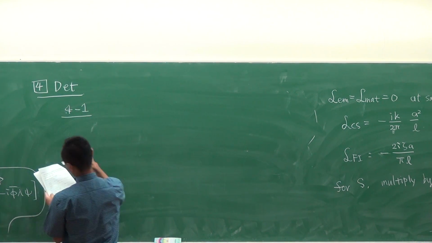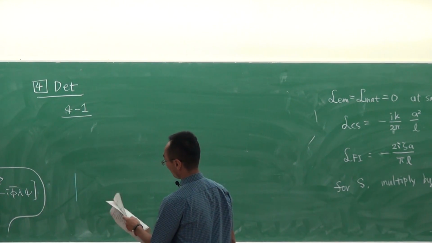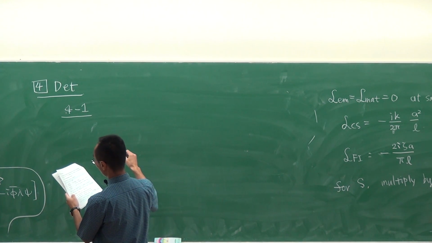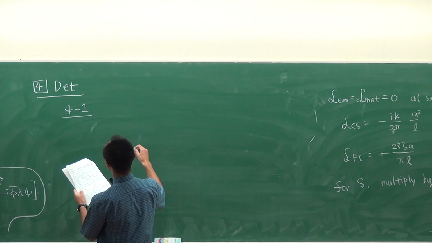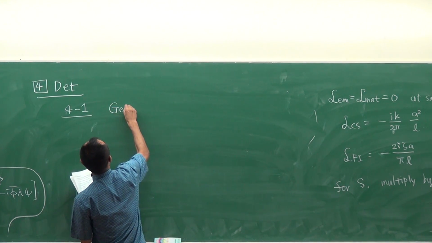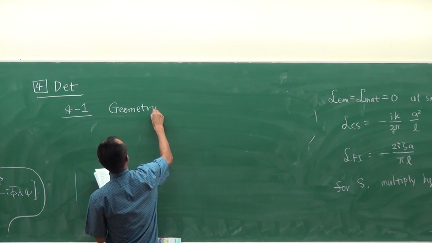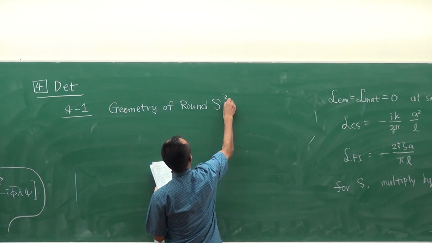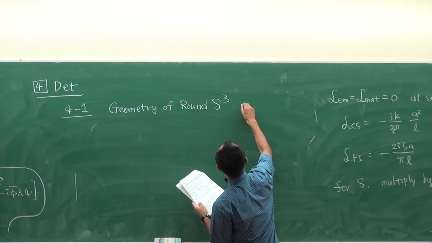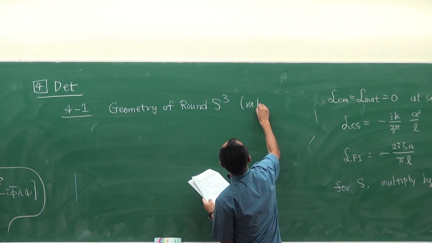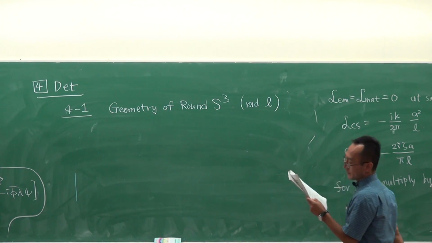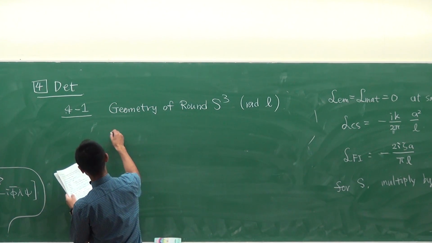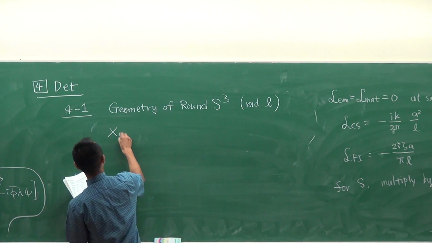But before starting the computation of the determinant, let's review some basic geometry about the round sphere. And I set the radius to L. Okay. So the most intuitive way to define this space is by this equation.